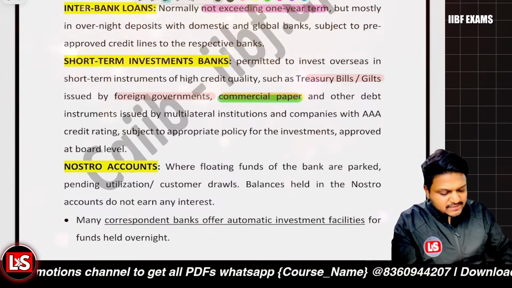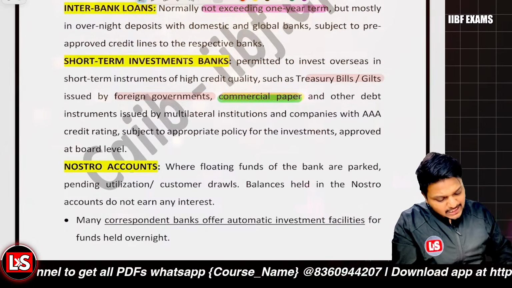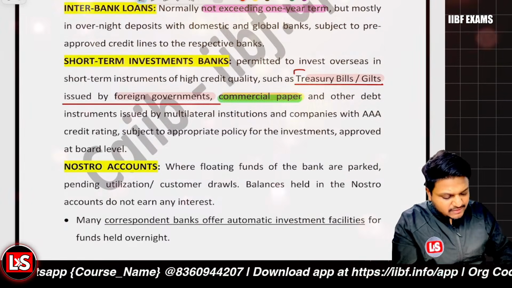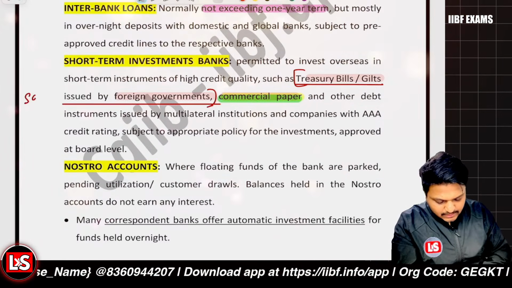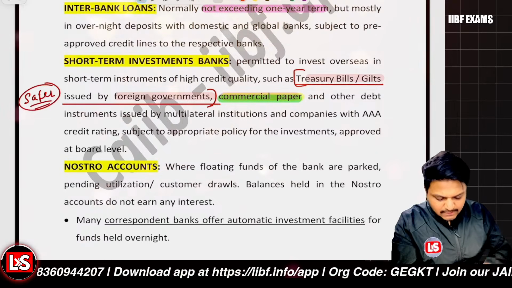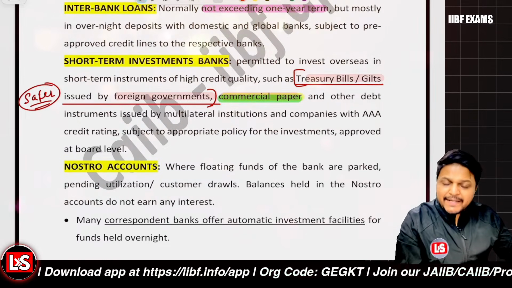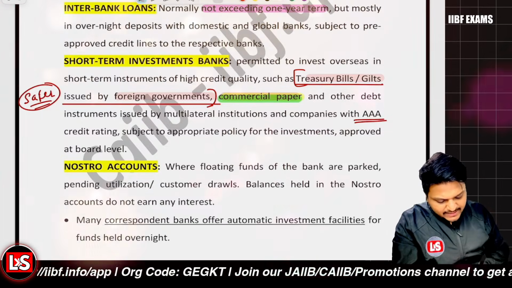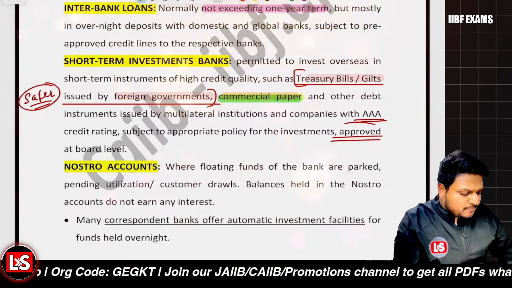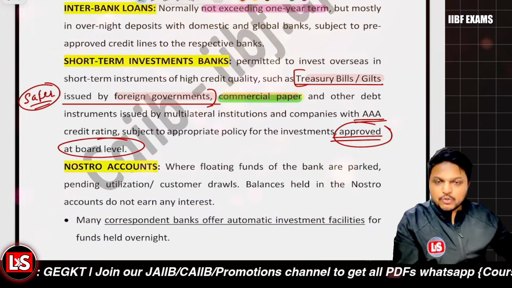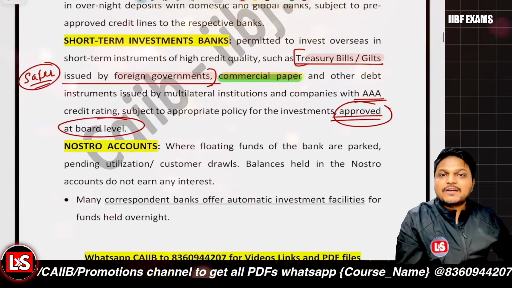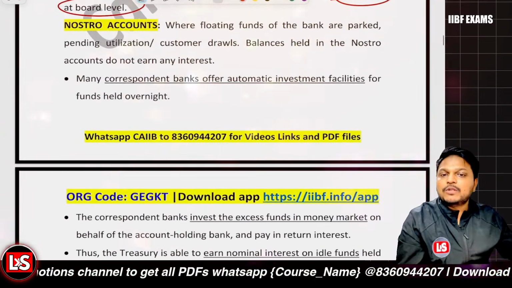But treasury bills or gilts issued by foreign governments are very much safer. And you can also invest into triple A rated bonds, or whatever is approved by your bank board or allowed by the regulator.